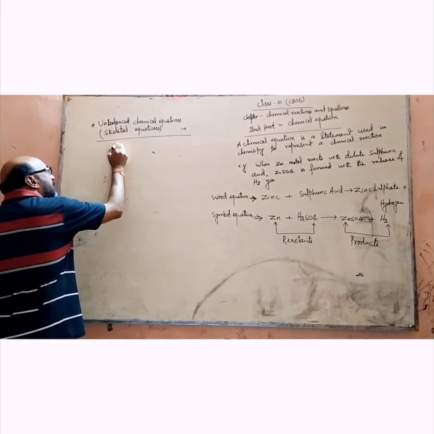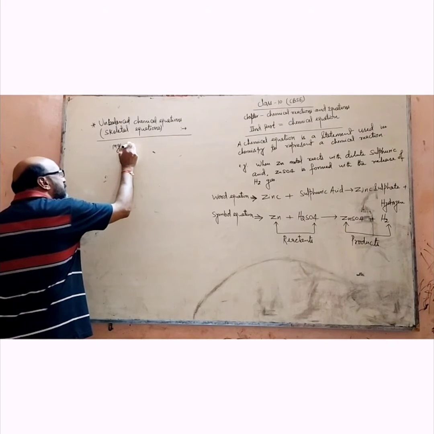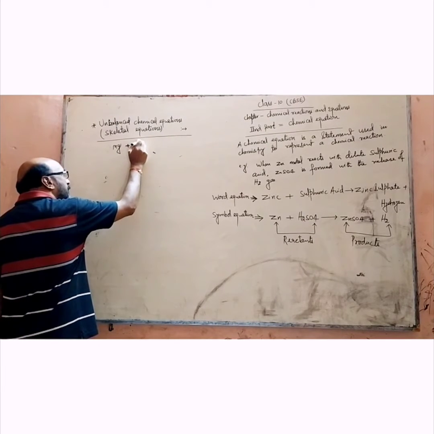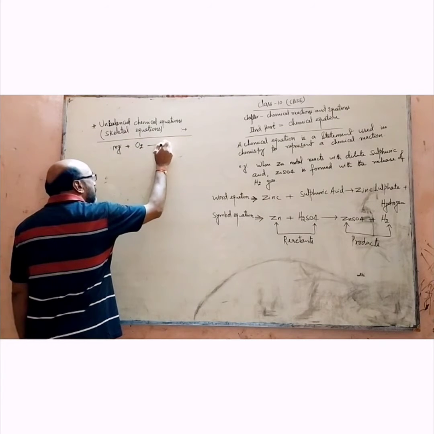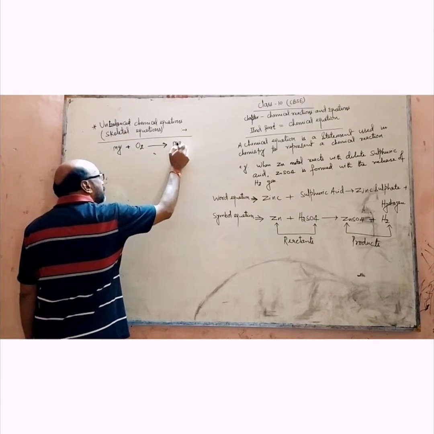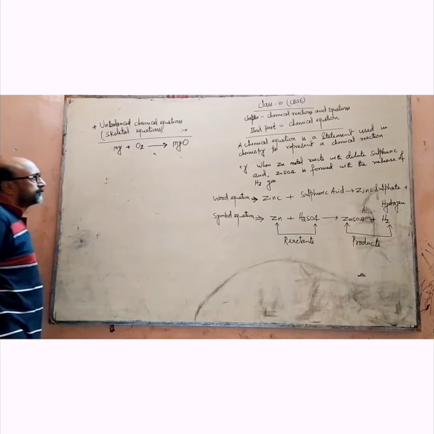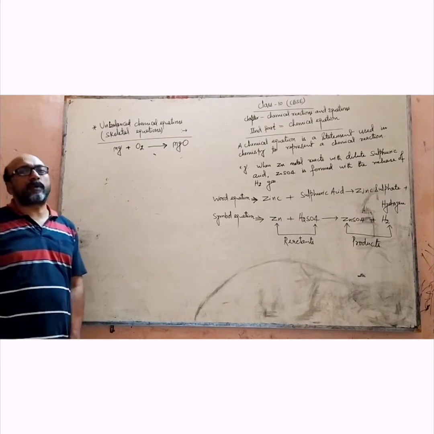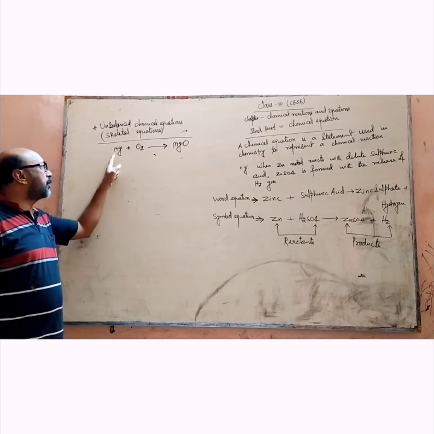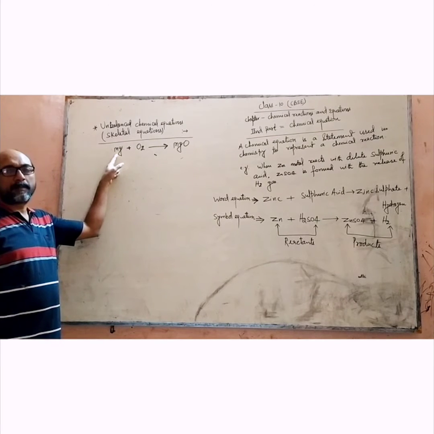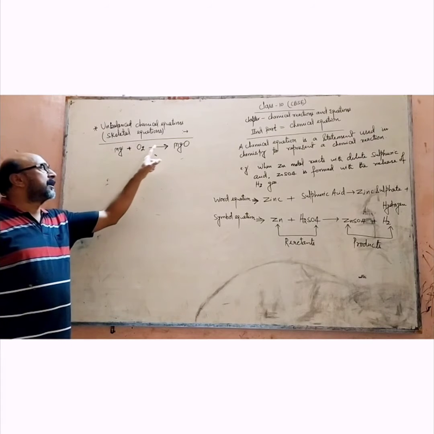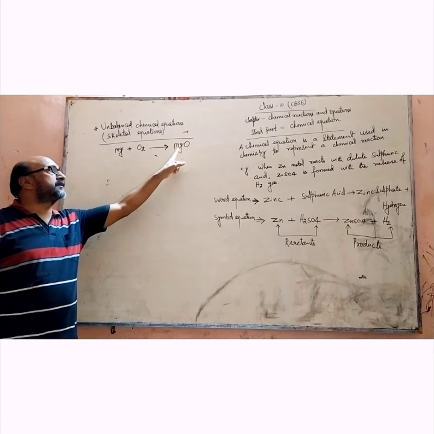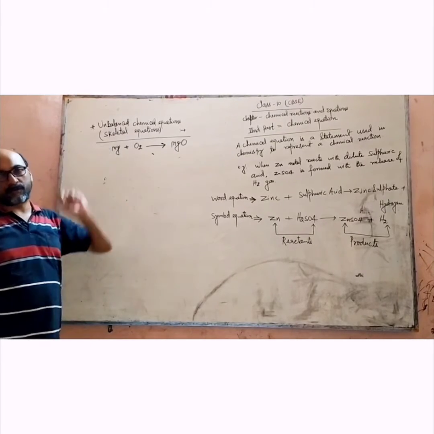If we write a chemical equation like this, magnesium plus oxygen to form magnesium oxide. In this equation, the number of magnesium atoms is 1 in the reactant, and it is 1 in the product side also.